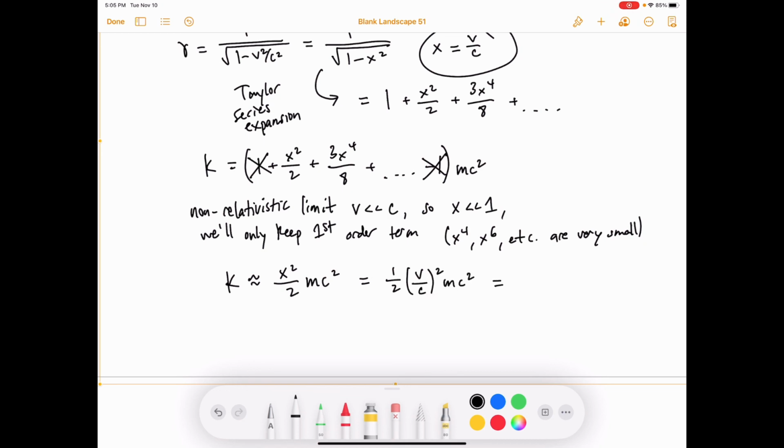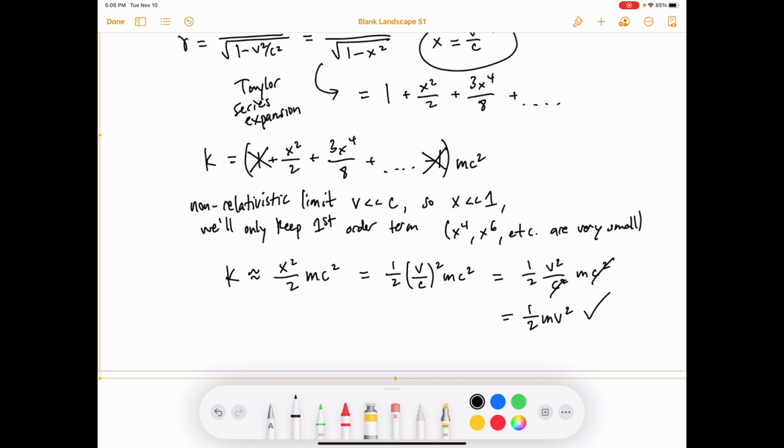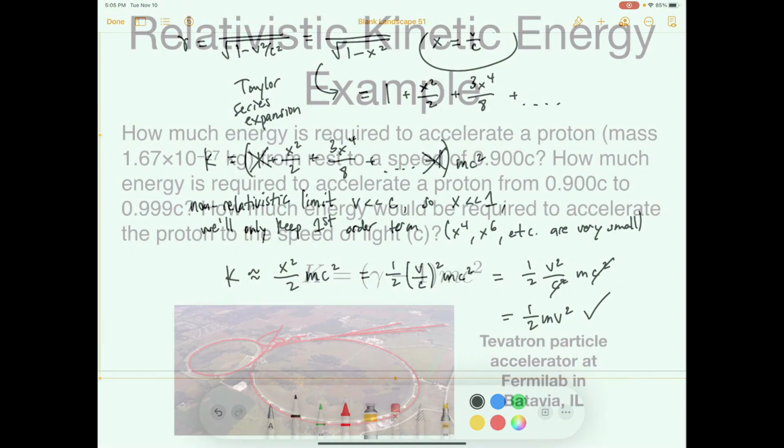So that's 1/2 times v squared over c squared times m times c squared. Cancel out the c's, and that gives us 1/2 mv squared. So once again, in the non-relativistic limit, this new definition of kinetic energy just reduces down to 1/2 mv squared, which is the familiar formula from classical physics.